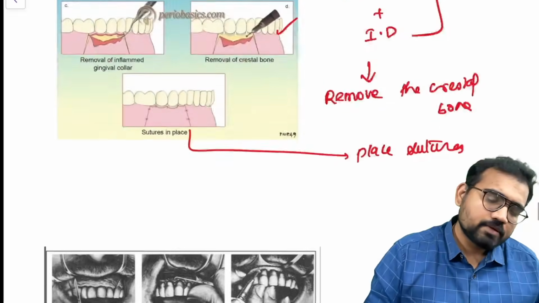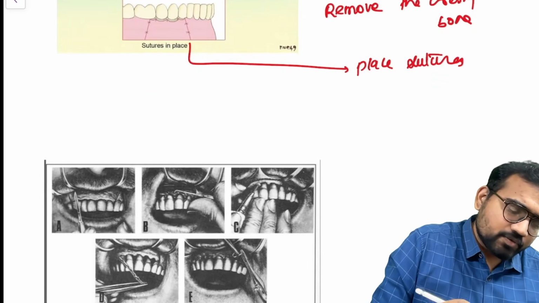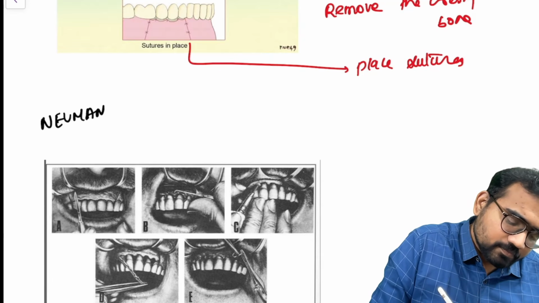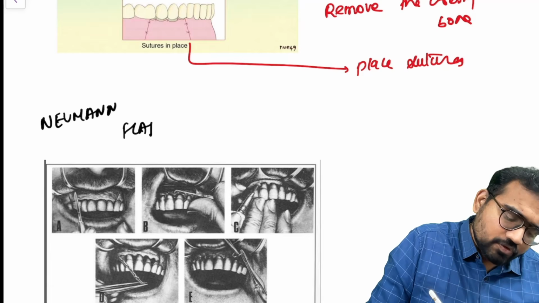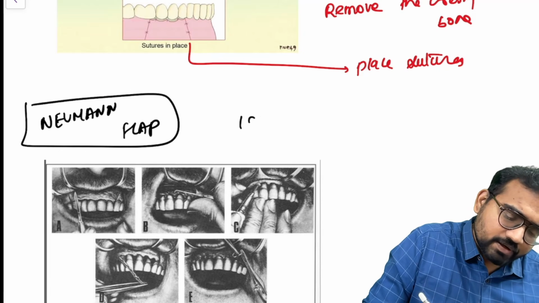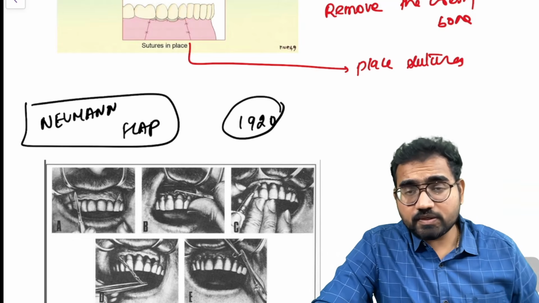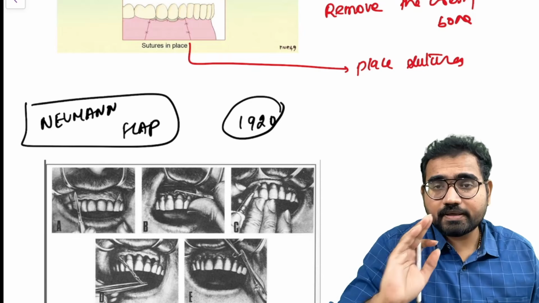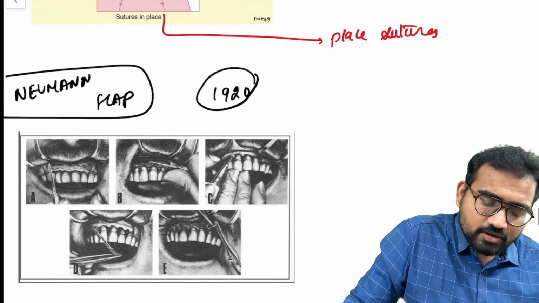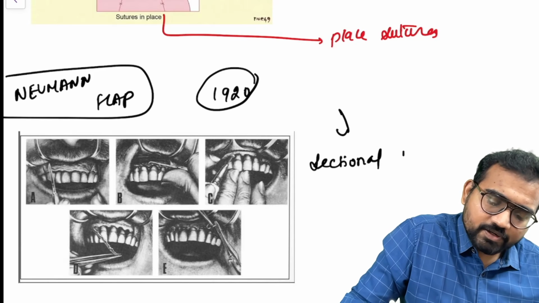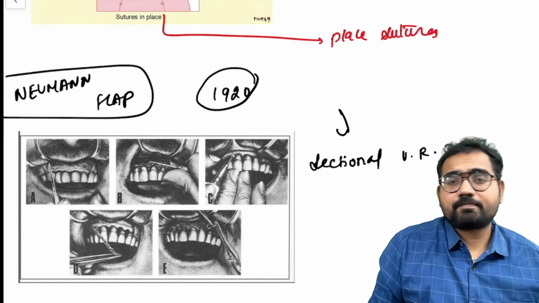Very good. The next technique we are going to see is the Newman flap. The Newman flap was given in 1920 by Newman. It is very similar to the original Widman flap, except for the sectional part: vertical releasing incisions are given only in the affected region.